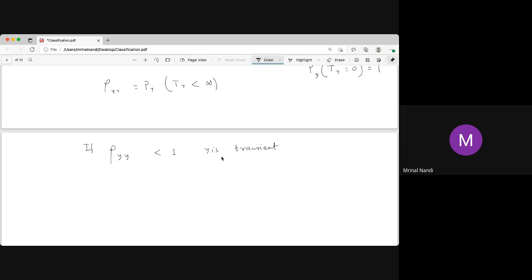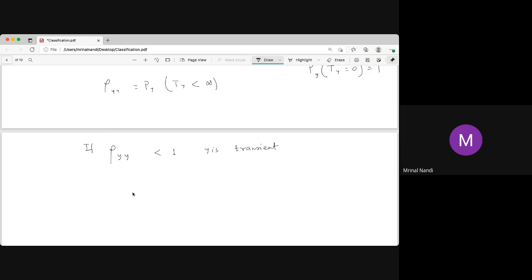So this is the basic idea. It is transient or recurring. Recurring means it will come back infinitely many times, maybe after a huge number of steps, maybe a small number of steps. And for transient, we can't give the guarantee. It may or may not reach there. Or if rho yy is 0, that means it never reaches y after any step.